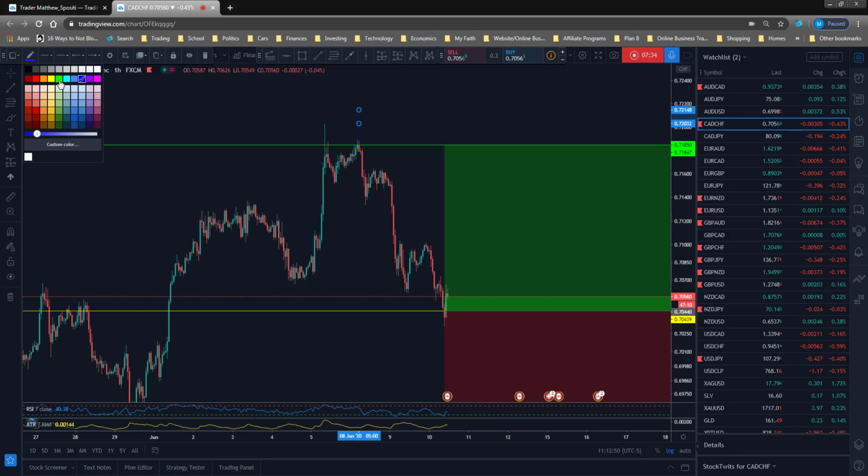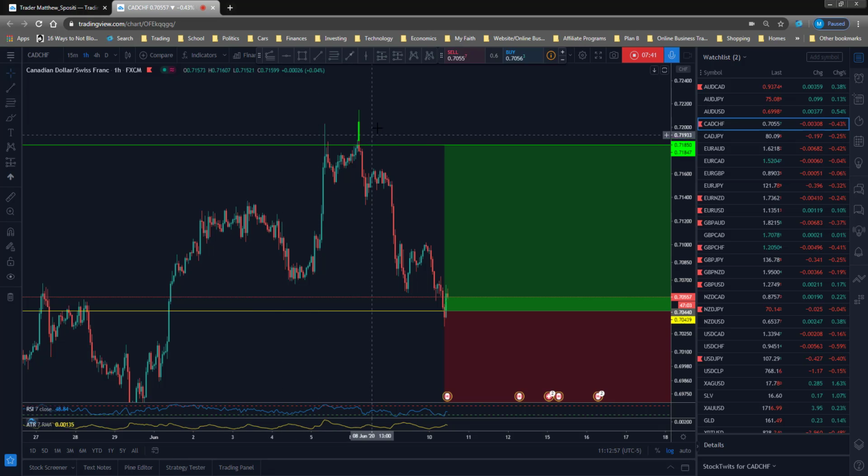Let's make it green. This is going to be green too. And we got to fatten this sucker up. Boom. There we go. Well, we could have made that one a little higher, couldn't we? Just to get the point across. Okay, hold on. This is going to really annoy me. Most of you probably don't care about this kind of stuff, but I'm a little anal when it comes to the details. Okay, right there.